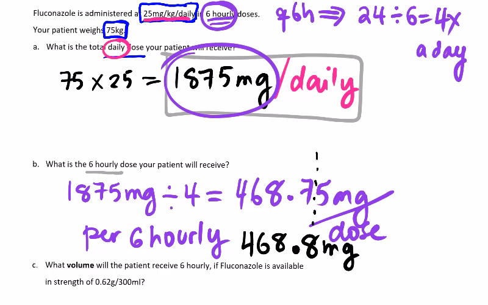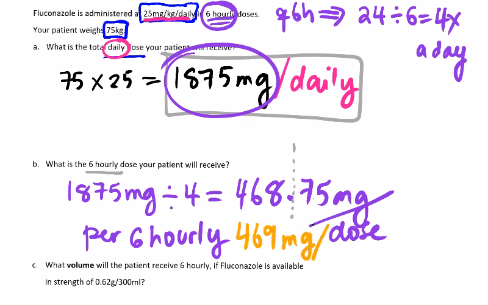So if we round this to a whole number, the breaking line is now not after the 7 anymore, but straight after the 8 at the decimal point. So this answer could only be 468 or 469. Because that 7 is greater than 5, we round up. So final answer, 469 milligram per dose, or every 6 hours.